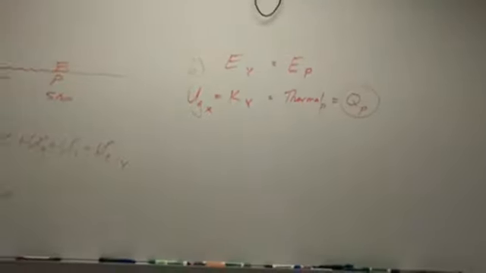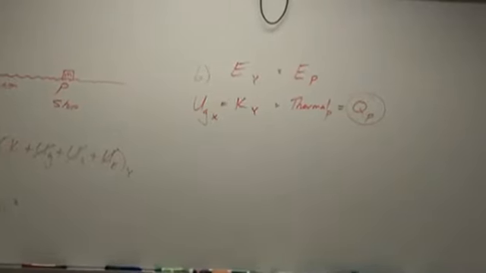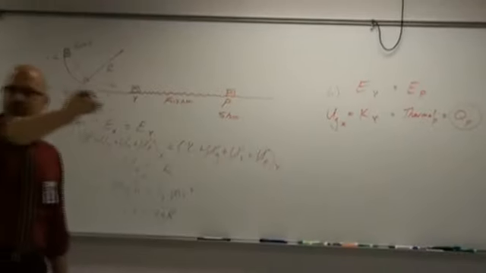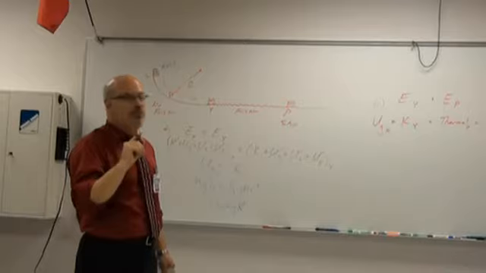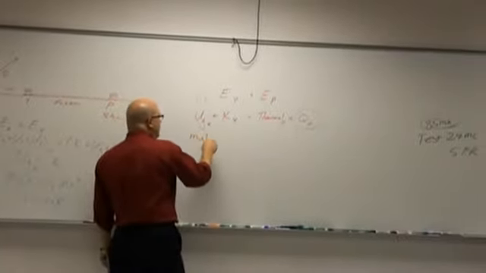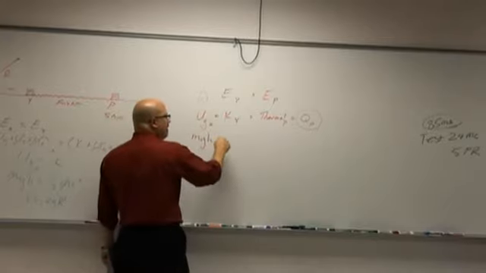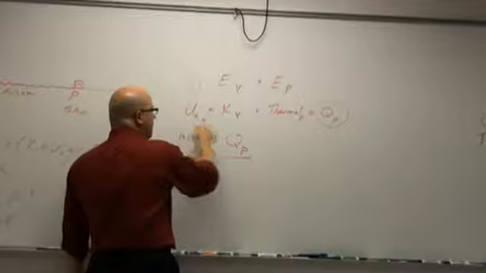So all of those are equal, right? So we start off with gravitational, it turns into kinetic, and then it all turns into thermal, right? So you can pick any one of those points and make them equal. So I'm going to do mgh just because I can. So my thermal energy, my heat that's generated at point P, is mgh.